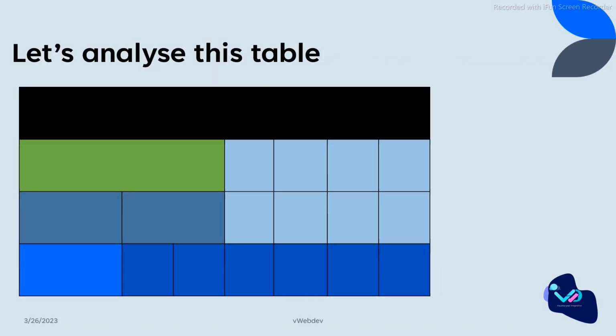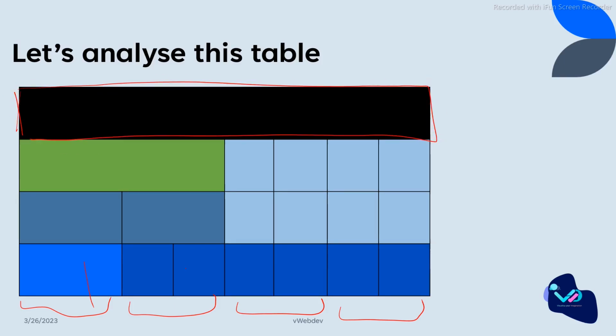Now let's analyze this table. This table has 4 rows, so 1, 2, 3, 4 rows. And this table has 4 columns. This is 1, this is 2, this is 3, and this is 4. The first row has a single cell spanning over all the cells, and the second row has 2 cells.